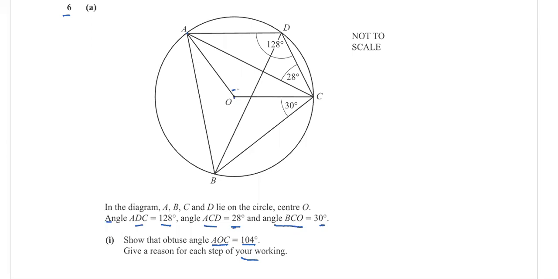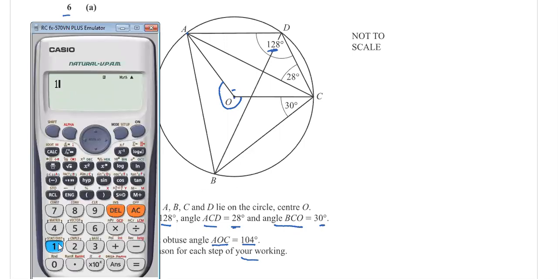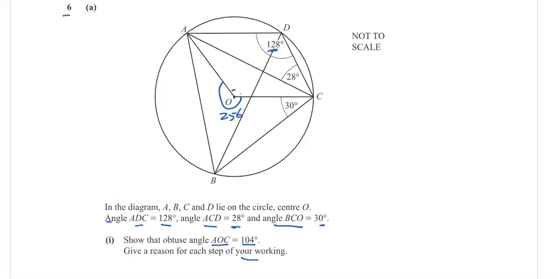So if I consider this obtuse angle, this angle will be double this angle. I can say 128 times 2, 256. This angle is 256. So what will this angle then be? From the total 360, I subtract, and I get 104 degrees.